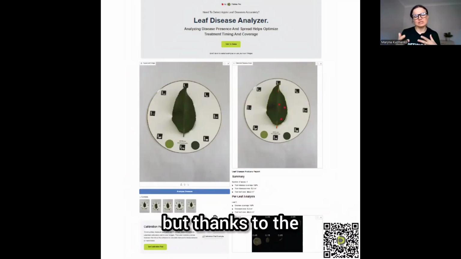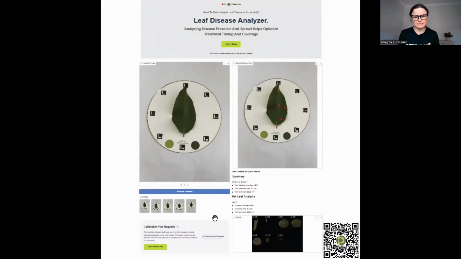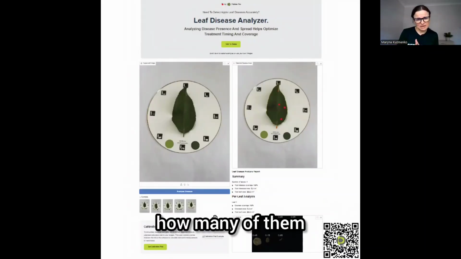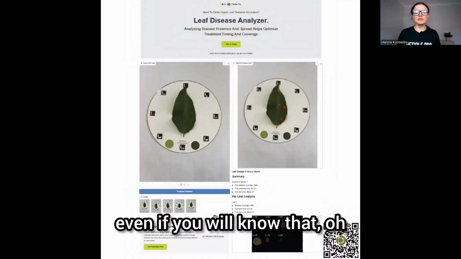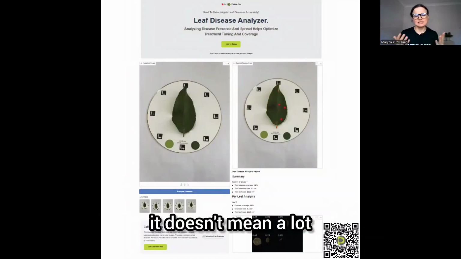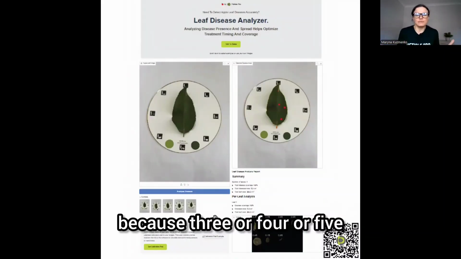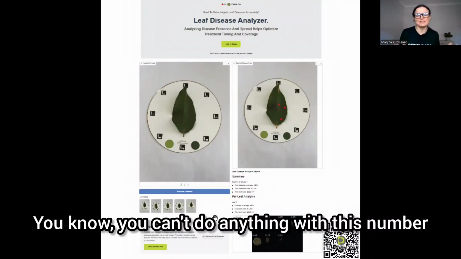But thanks to the trained model, we were able to get the location of the stains, see how many of them there are, and also see the area. Even if you know that you have 3 of these lesions on the leaf, it doesn't mean a lot, because 3 or 4 or 5, you can't do anything with this number.